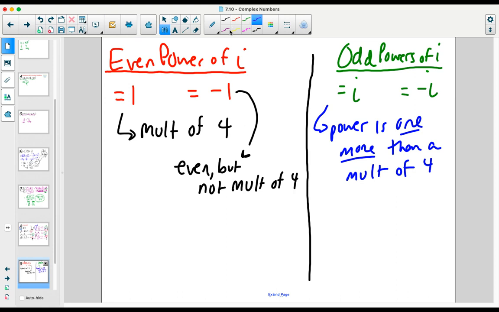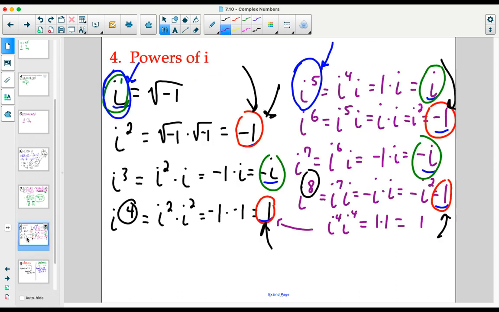Let's look at our negative i's. Here we have our negative i's, right here and right here. That happened at i to the 3rd and i to the 7th. Okay, so they're also odd. I'm on board with that. But I can't just describe them as odd because of these two up here.